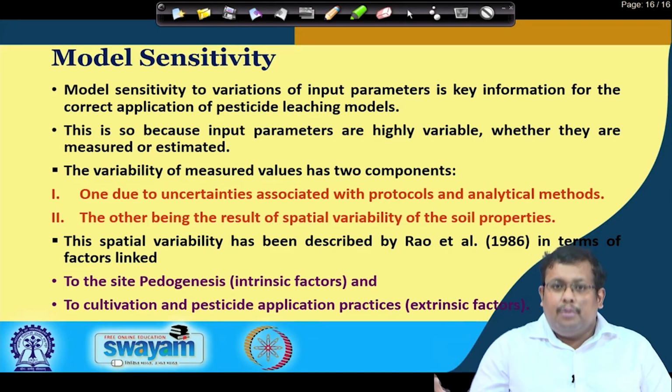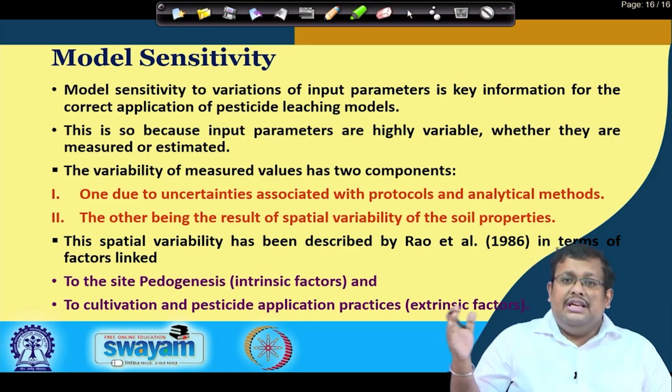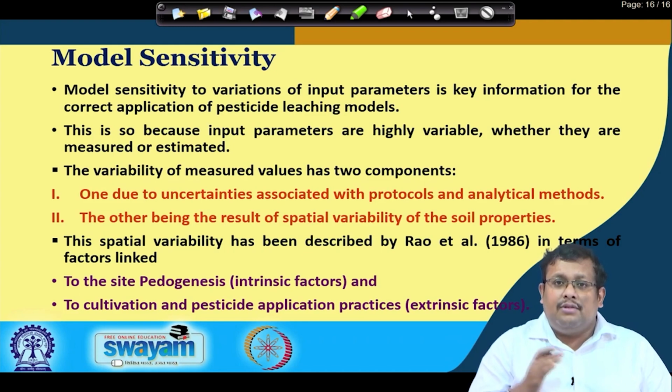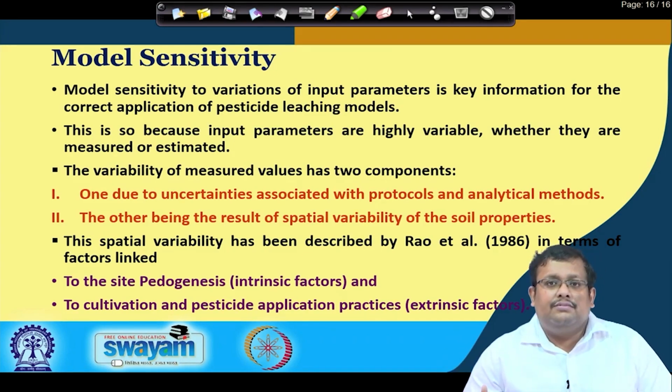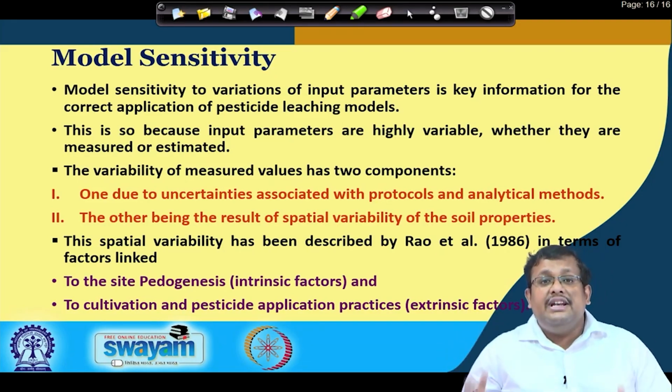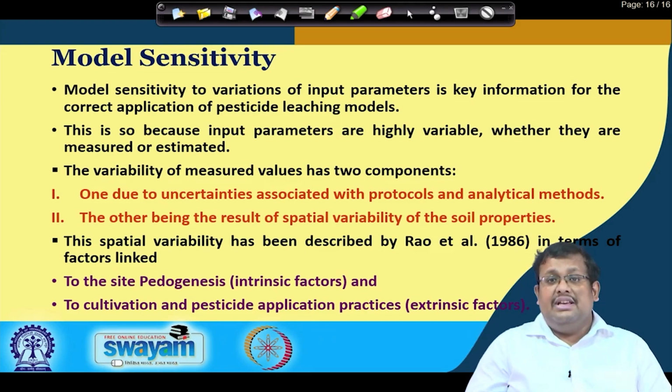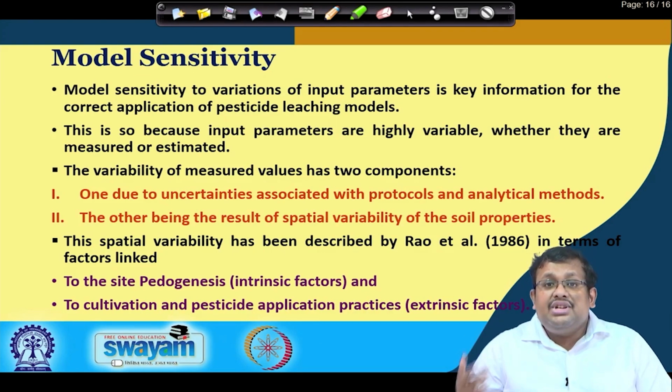For example, porosity and structure are highly variable parameters. So, if the structure of the soil varies from one soil to another, the model will also show different outputs or different variation in its simulations. That is called the sensitivity. So, it is very important to identify the input parameters which are highly variable, whether they are measured or estimated.